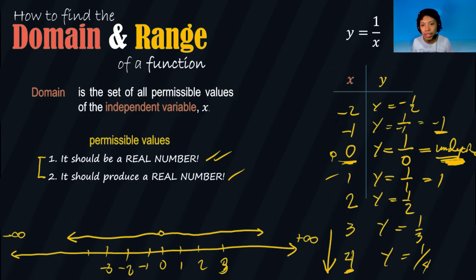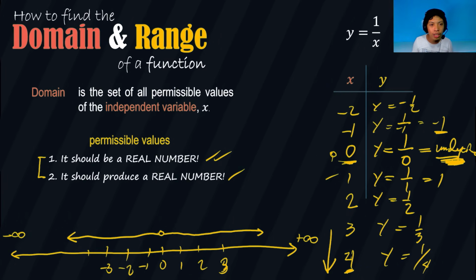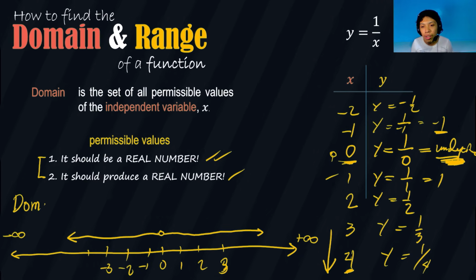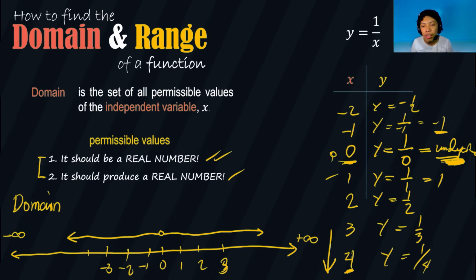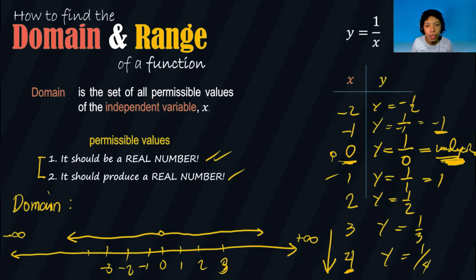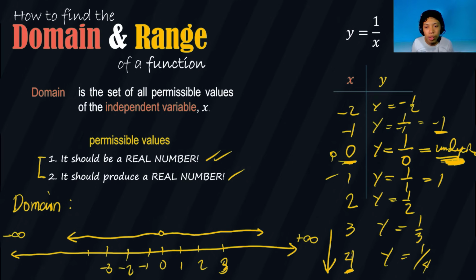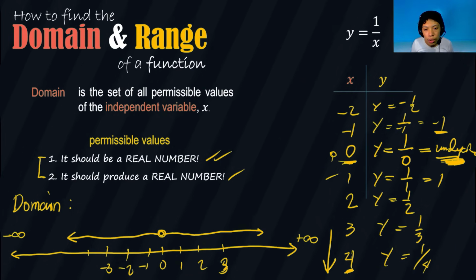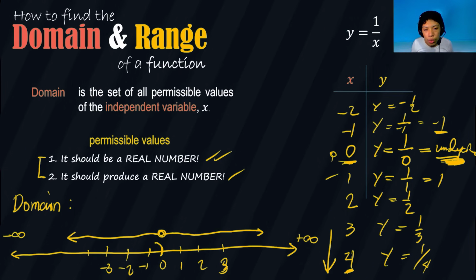So how do we write that in set builder notation or in interval notation? So the domain here, that's the domain. Interval notation lang muna. Since 0 is not included, we'll use the parentheses.